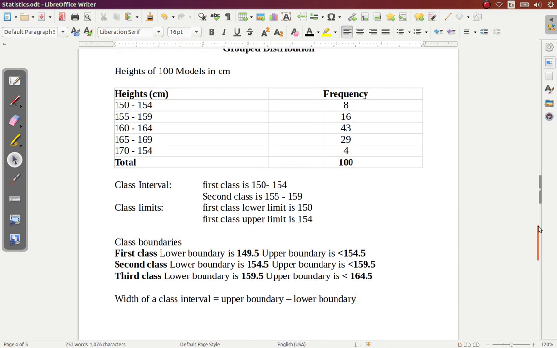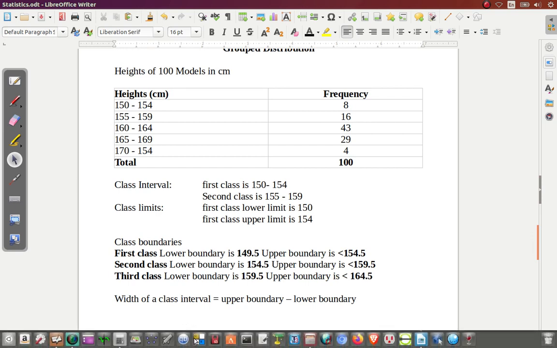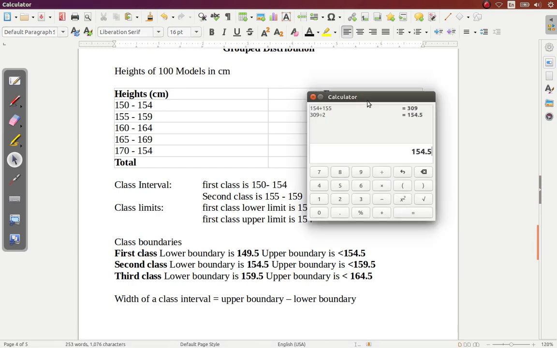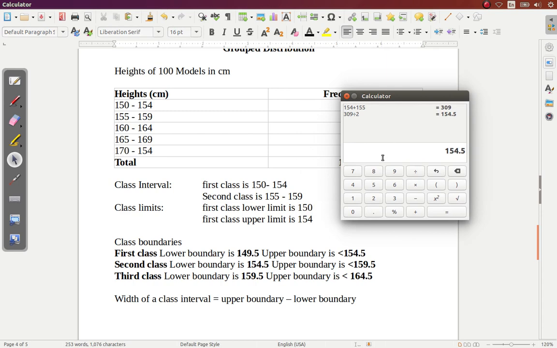Let's look at, for example, the first class here. Let's do that calculation. The lower boundary and the upper boundary. The upper boundary is 154.5, so anything less than 154.5. Then you minus the lower boundary of 149.5. What do you get? 5.